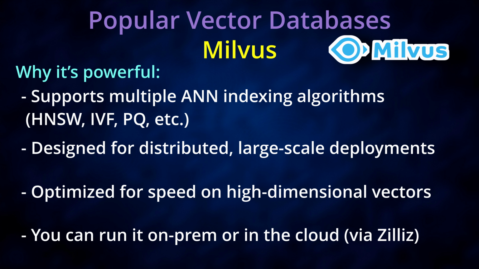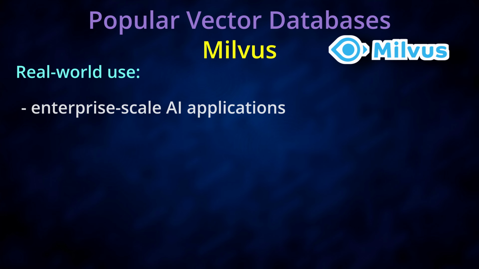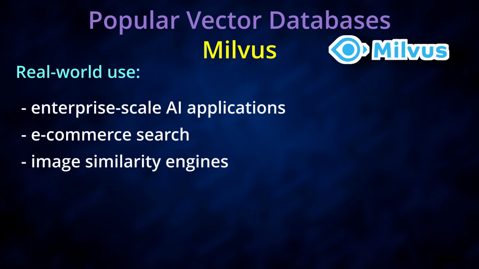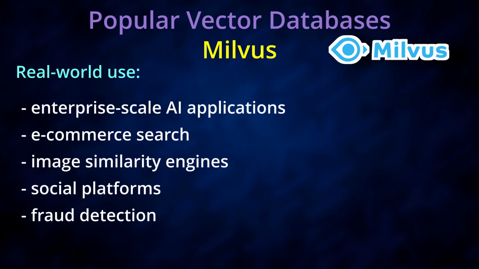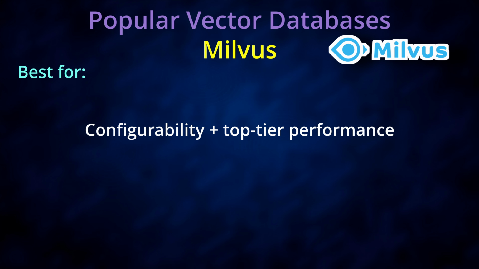You can run it on-prem or in the cloud. Perfect for enterprise-scale AI applications, e-commerce search, image similarity engines, social platforms, fraud detection, and more. Best for high-volume projects and teams that need full configurability plus top-tier performance.